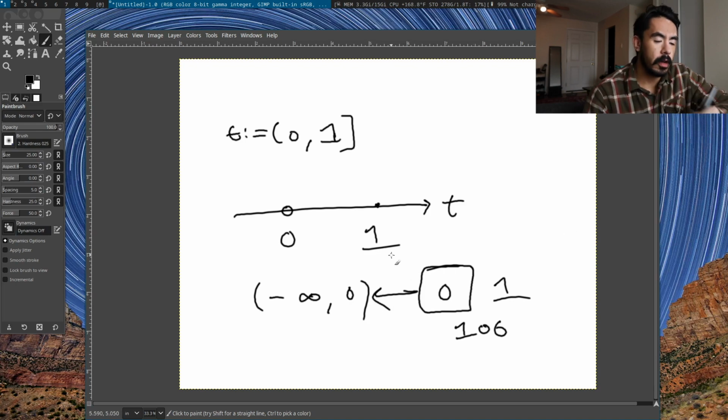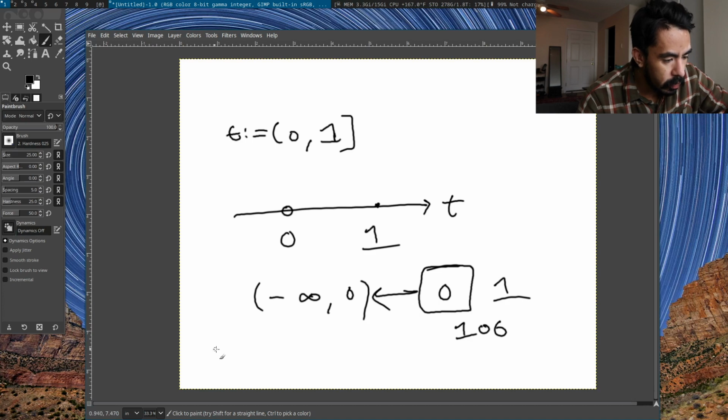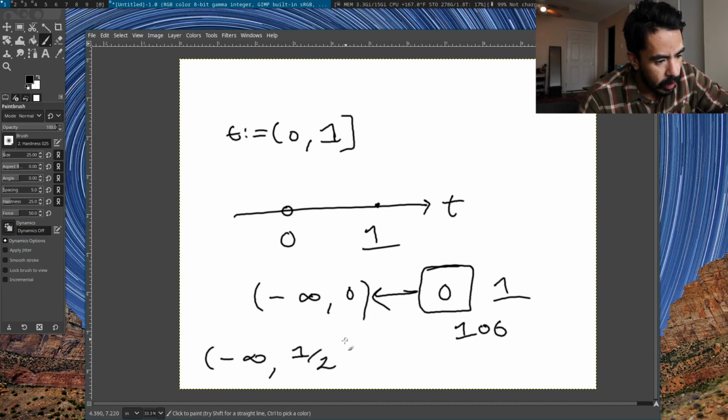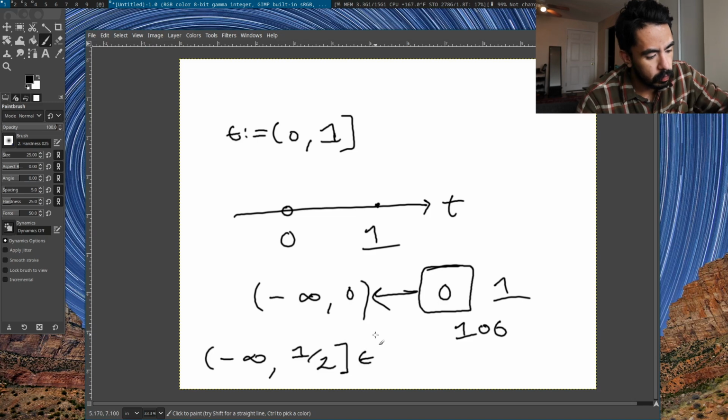let me put it in a different way. You could define an interval like this, 1/2, and you could include it, but this is a subset of integers here.